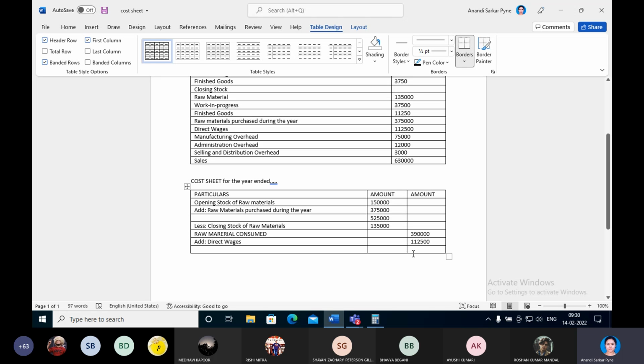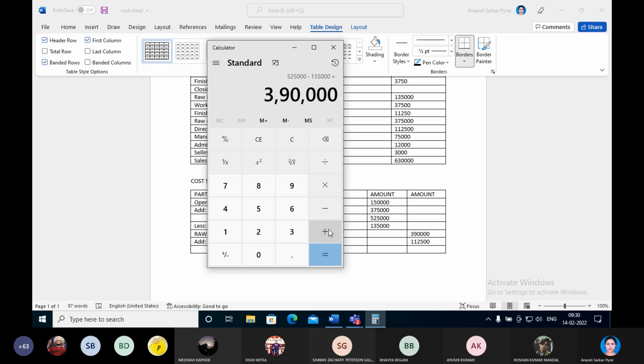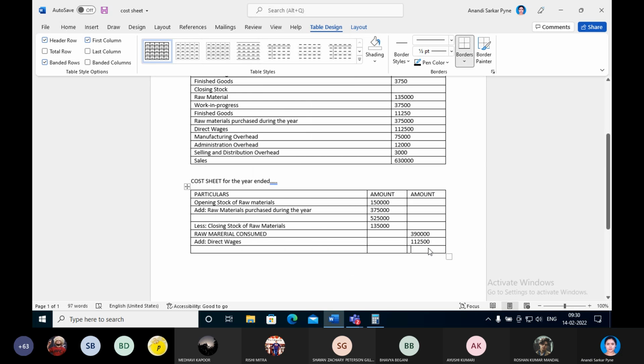What you get is the prime cost. So 3 lakh 90 plus 1,12,500 is 5 lakh 2,500, the prime cost.